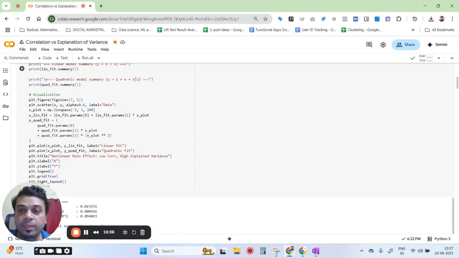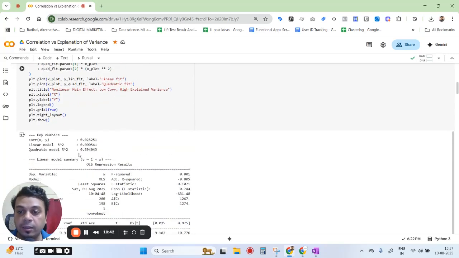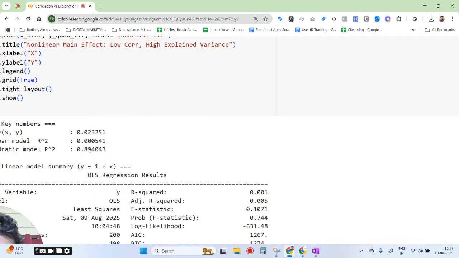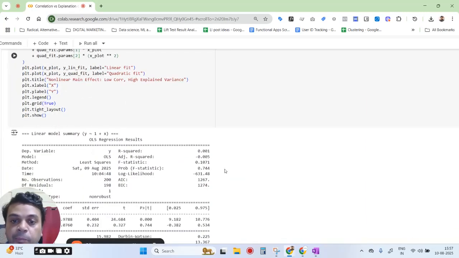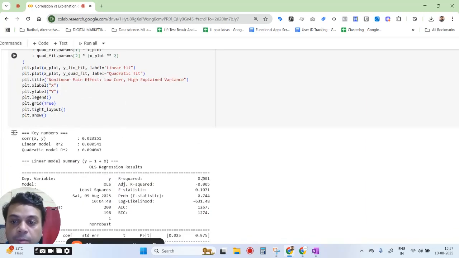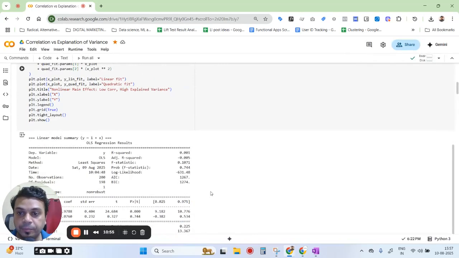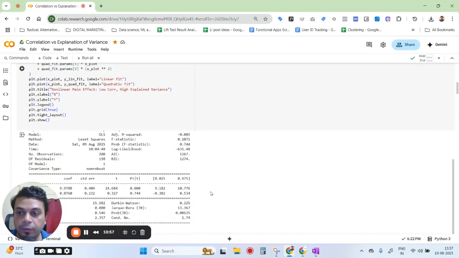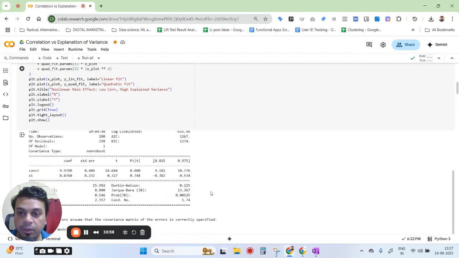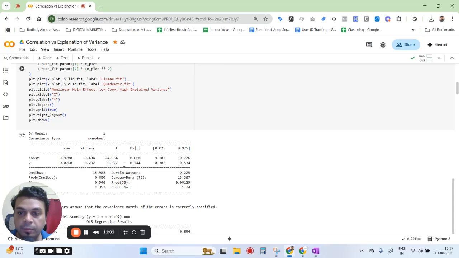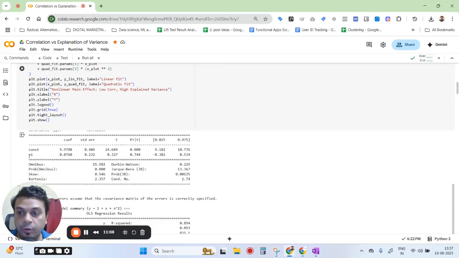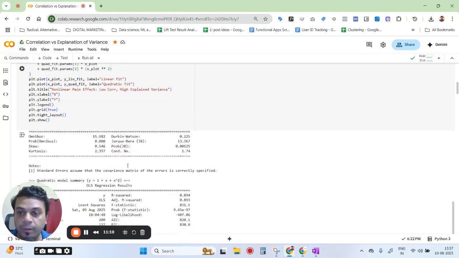But when we are taking 1 plus x squared, we actually see that the R squared is very high. It's close to 0.9, which is 90%. So we saw that the linear model R squared is only 0.001. And if we just come down here, it's not even statistically significant for the coefficient of x1.